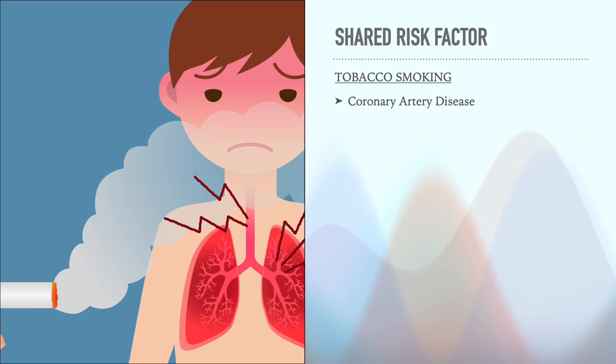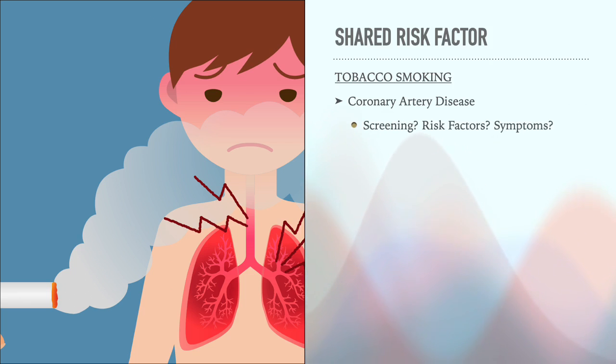One of the most common symptoms, which is also common in COPD, is shortness of breath. And screening for coronary artery disease is dependent on other risk factors that you may have, and also on your symptoms, whether you have them or not.